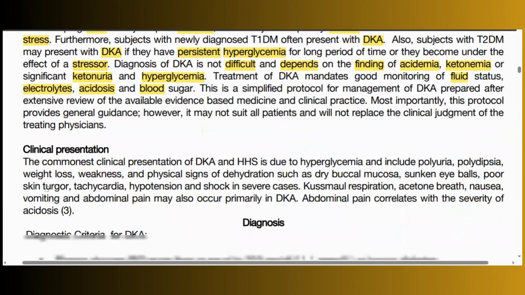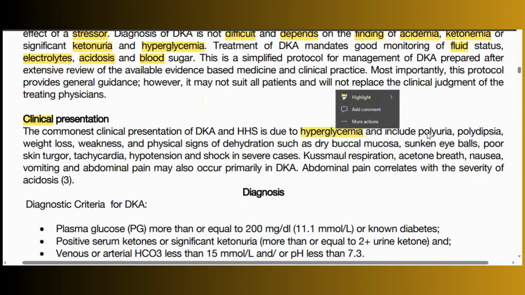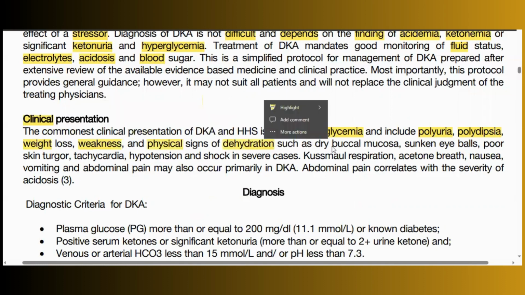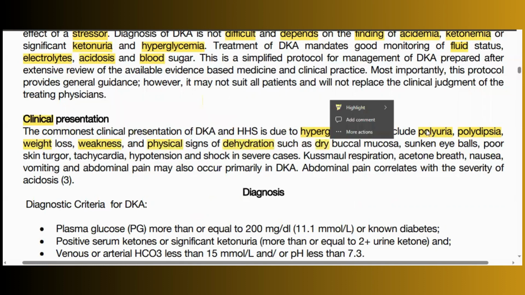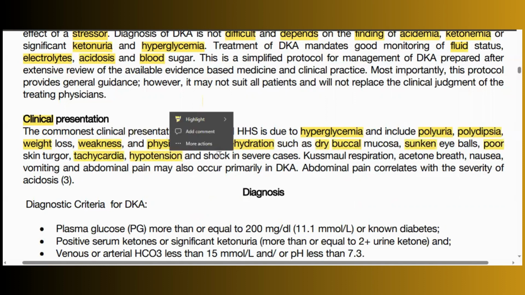So, clinical presentation. The most common clinical presentation of DKA and hyperosmolar hyperglycemic syndrome is due to hyperglycemia and includes polyuria, polydipsia, weight loss, weakness, and physical signs of dehydration, such as dry buccal mucosa, sunken eyeballs, poor skin turgor, tachycardia, hypotension, and shock in severe cases.